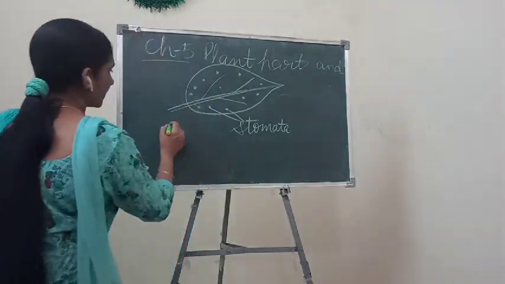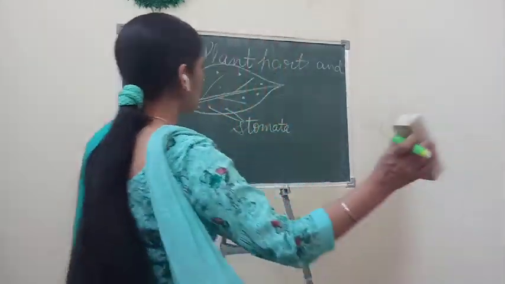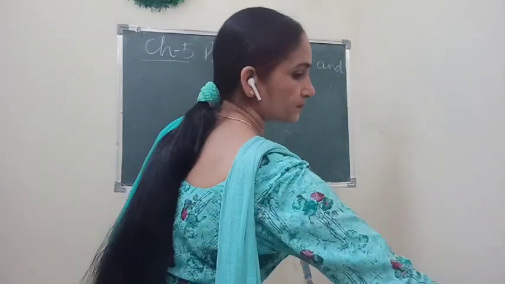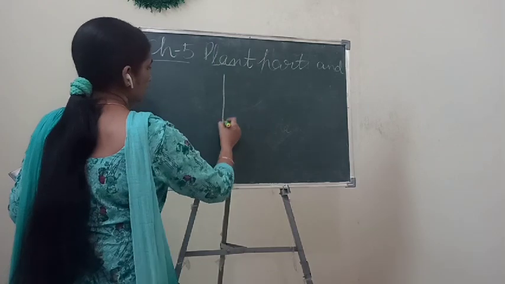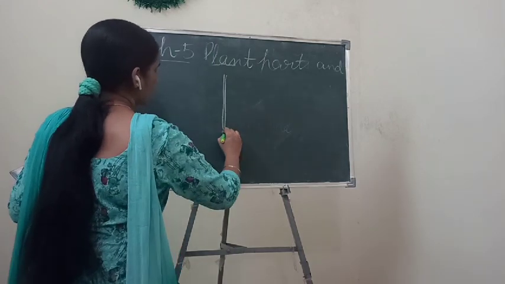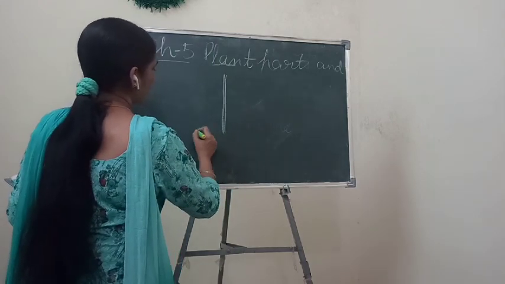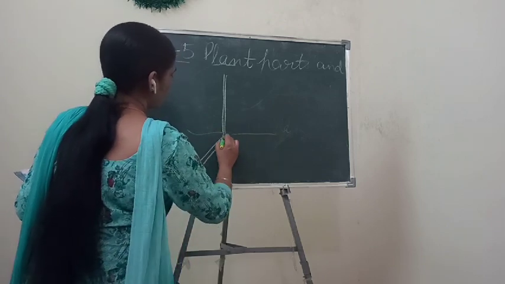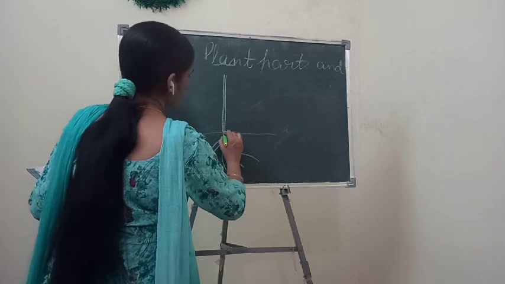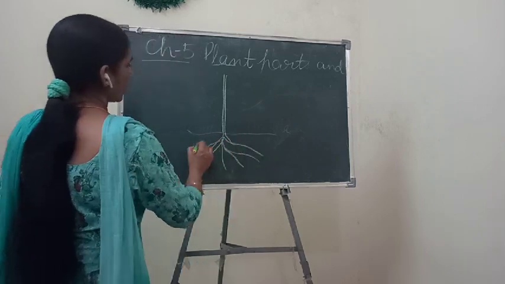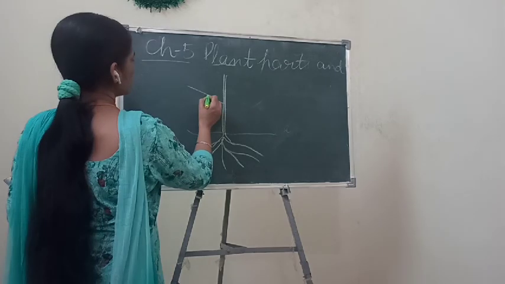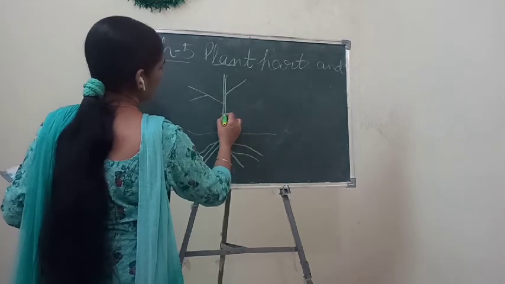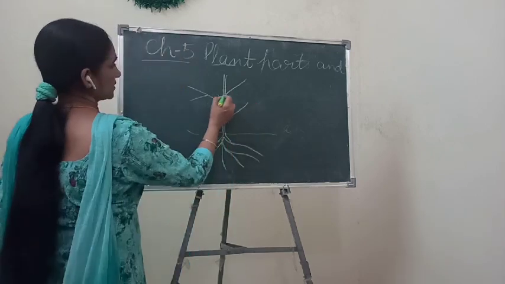Understand? Because when leaves prepare food, it is transported to the other parts of the plant through the stem part. Just like see here, I can show you through the diagram so that you can understand better. Suppose this is the stem of any plant, this is the ground level, and these are the roots which are branched further, and suppose this is one branch and these are the other branches.